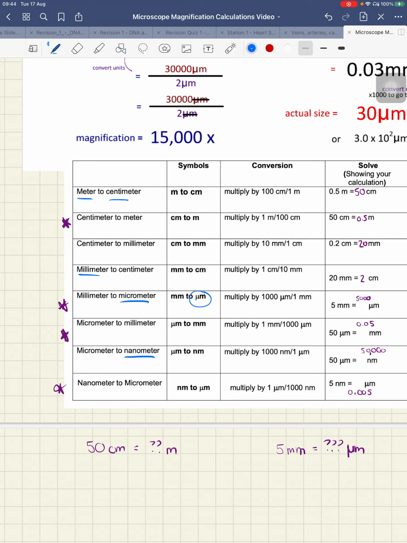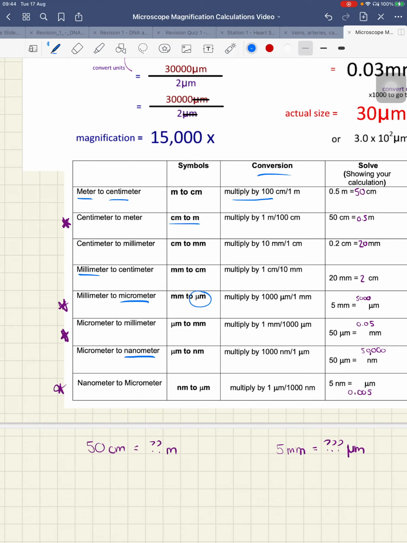Going from meters toward nanometers, the measurement is getting smaller, so you use those for smaller numbers. This first one tells you how to do the conversion. If you want to go from meters to centimeters, you multiply by 100. If you want to go from centimeters to meters, you divide, and so forth.